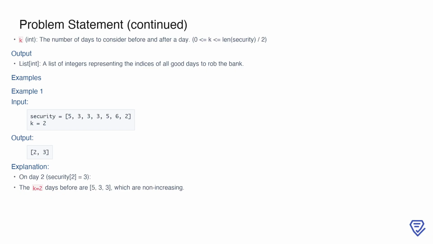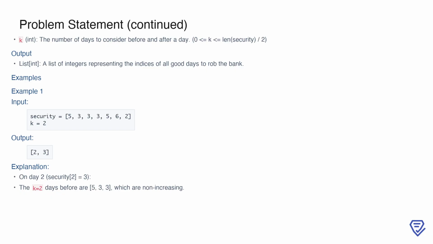The output for this problem is a list of integers representing the indices of all days that qualify as good days for robbery. To understand this better, let's look at an example. Consider the input security equals [5, 3, 3, 3, 5, 6, 2], and k equals 2. For day 2, the k equals 2 days before it are 5, 3, 3, which form a non-increasing sequence.